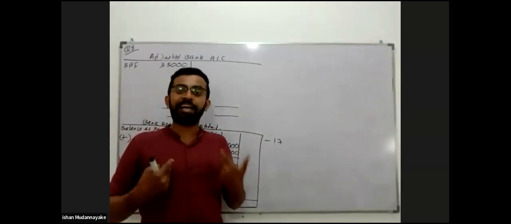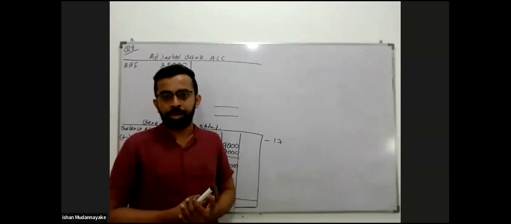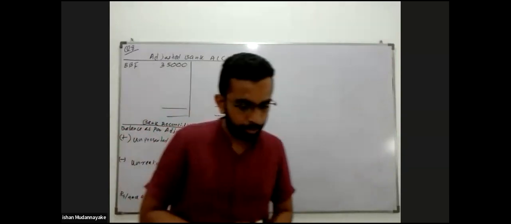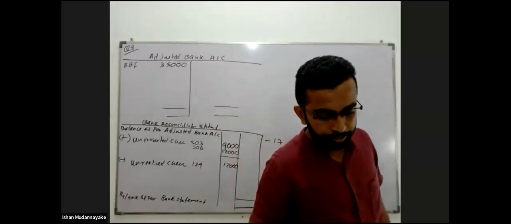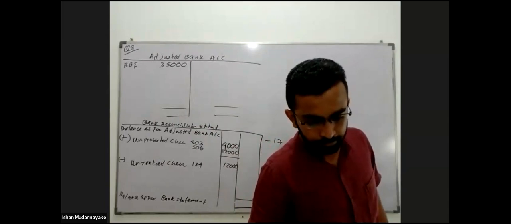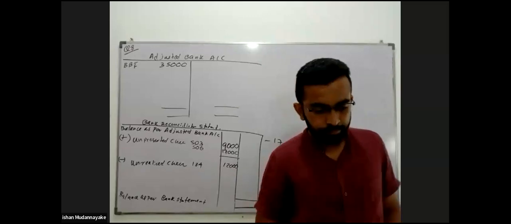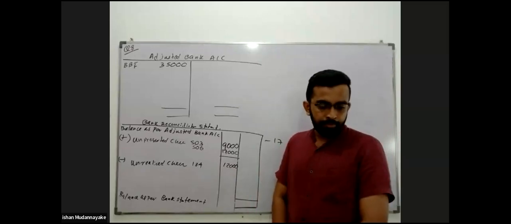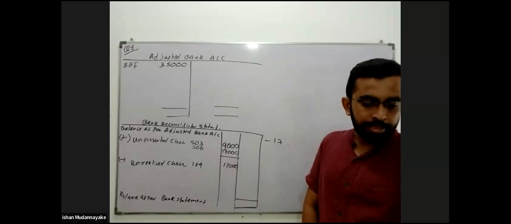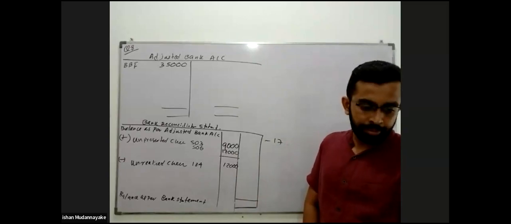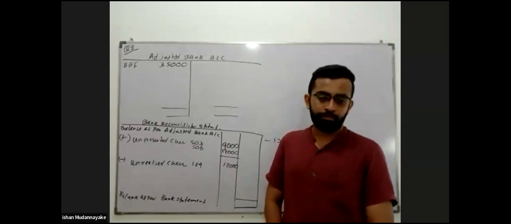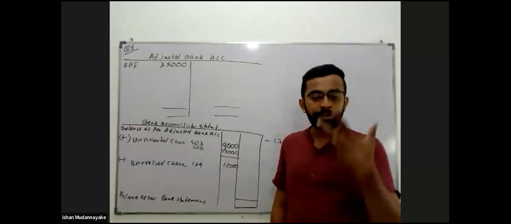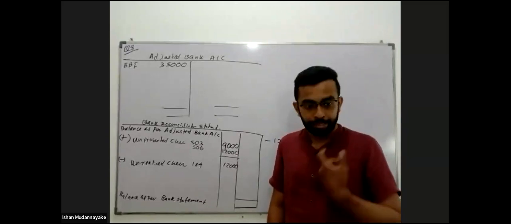That is one of the mistakes done by our business. Then where do we record this direct remittance? Monali, where do we record? In the adjusted bank account? Yes, in the adjusted bank account you need to debit. You haven't recorded that direct remittance. That is your fault.